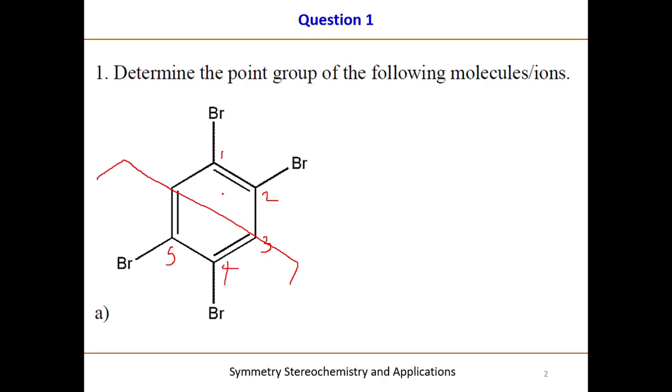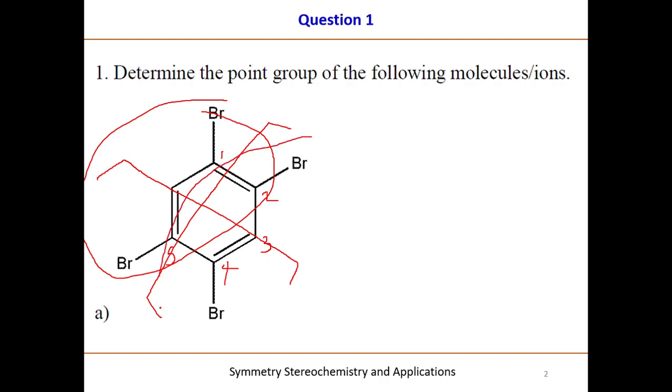So we have a symmetry plane here. If we pass the plane over here, we will see that we have two indistinguishable images of each other. And if we pass a plane from here, we will see again these two parts are indistinguishable, this one and this one.